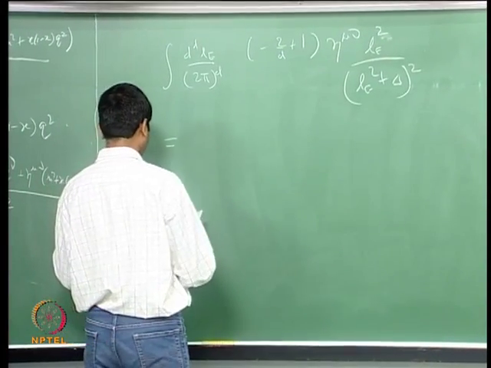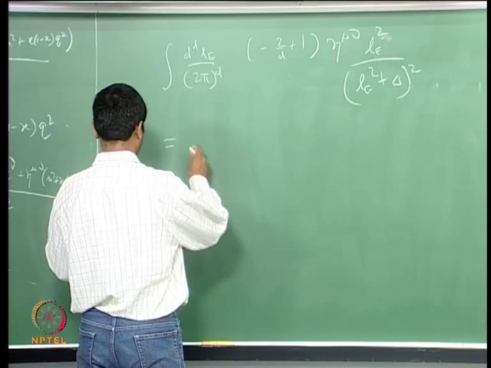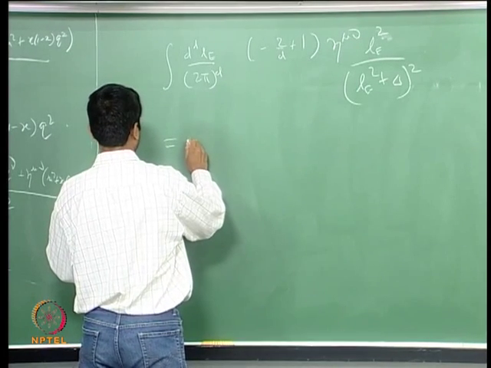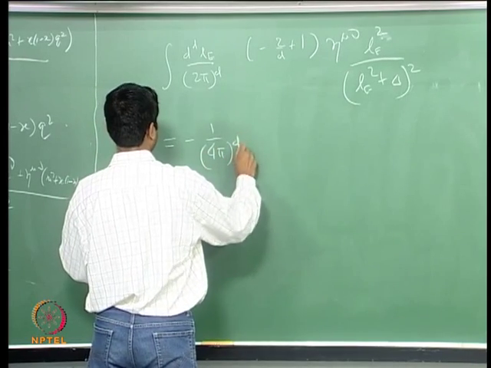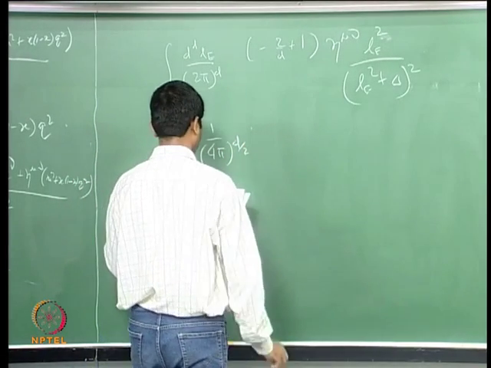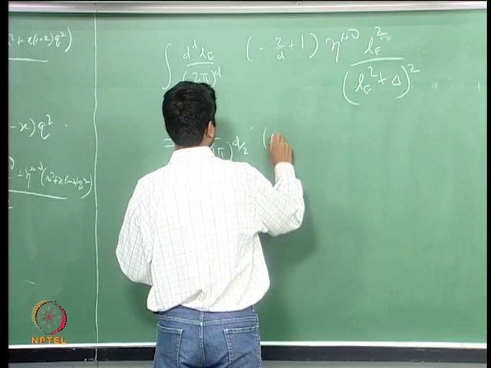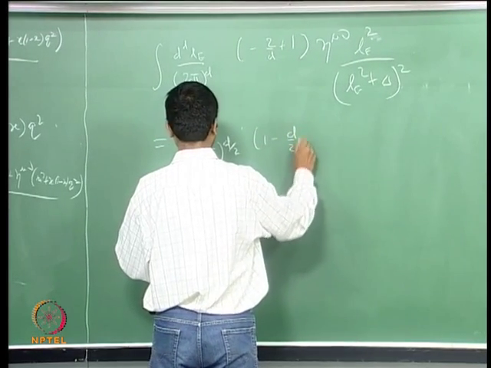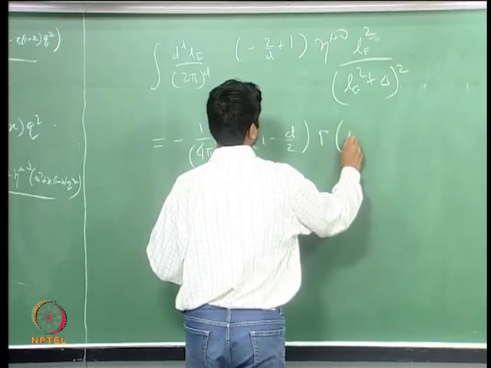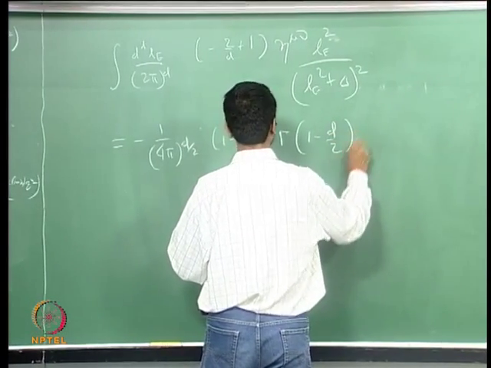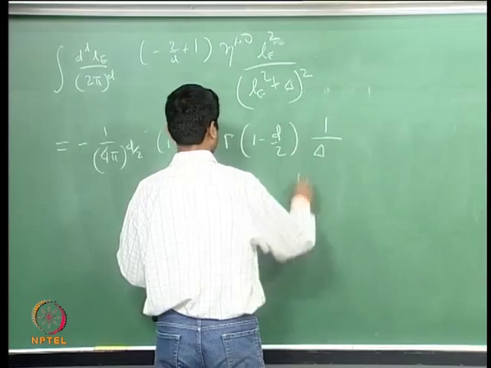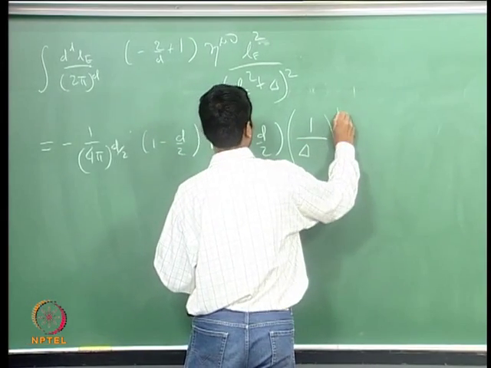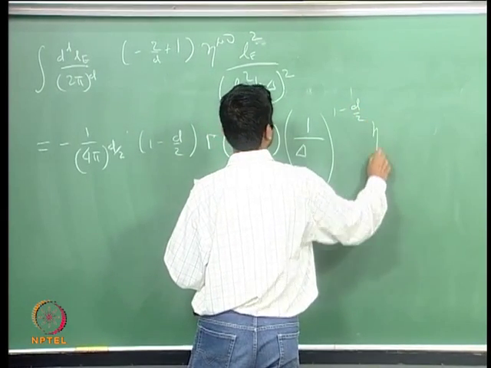This is simply given by minus 1 over 4 pi to the power d by 2, 1 minus d by 2, gamma of 1 minus d by 2, 1 over delta to the power 1 minus d by 2, eta mu nu.